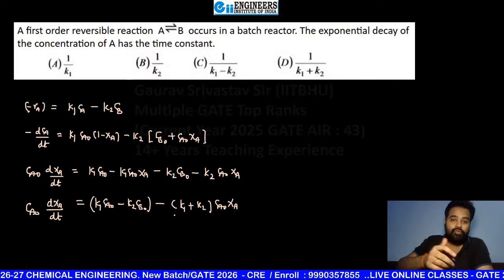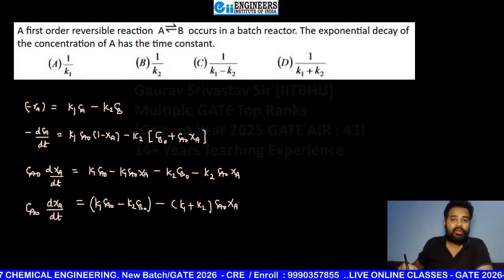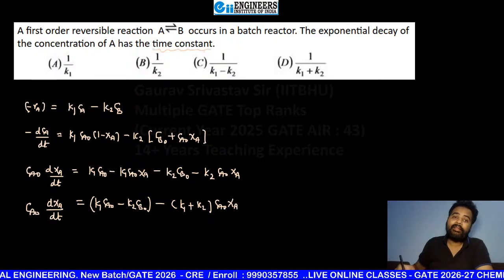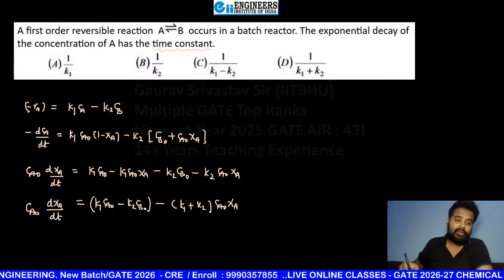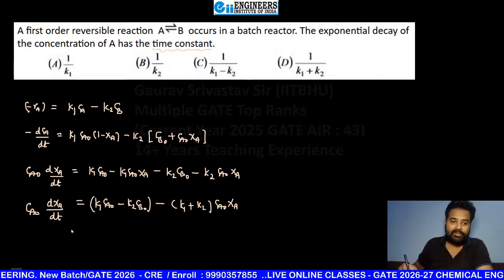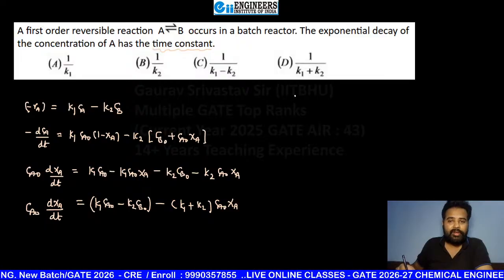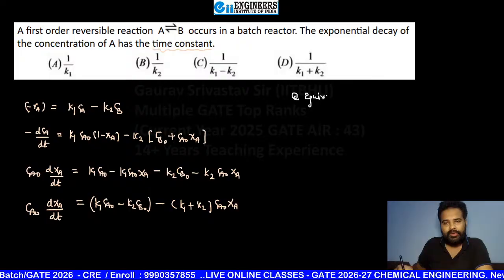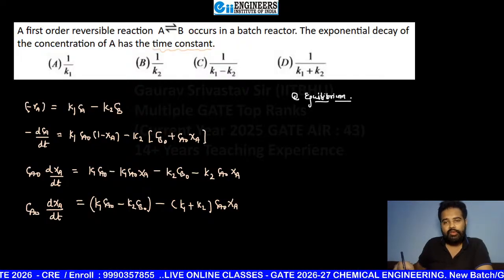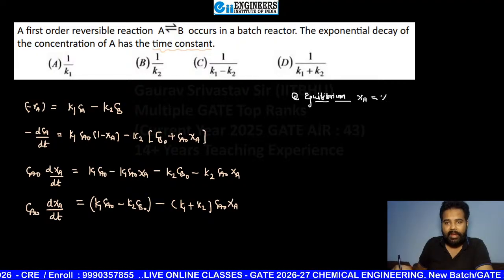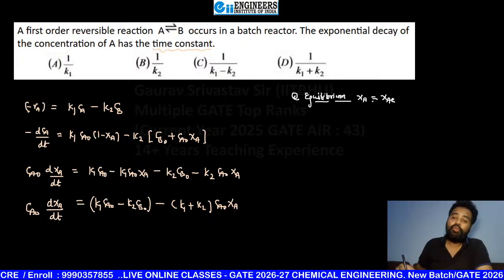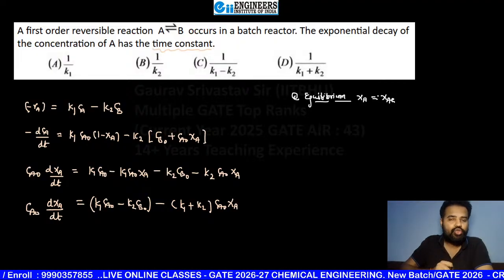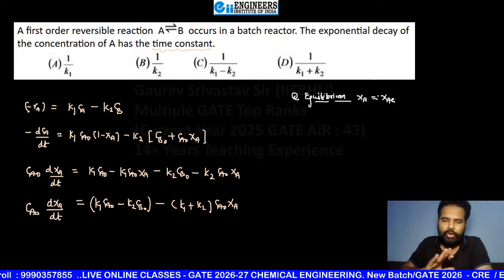But if we want to show the time constant, we can only show it if the equation is in the form of XAE and XA, just as we discussed in our previous lecture. So here, my dear students, if I am going to write this equation at equilibrium, the equilibrium XA will be XAE, and equilibrium means the conversion that you obtained is not going to change, the concentration that you obtained is not going to change.